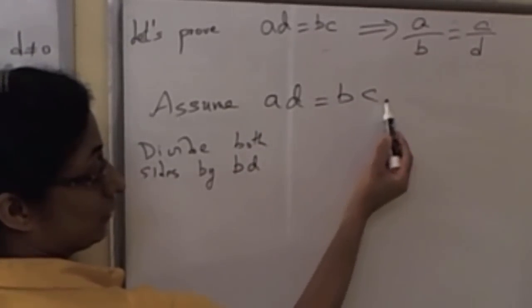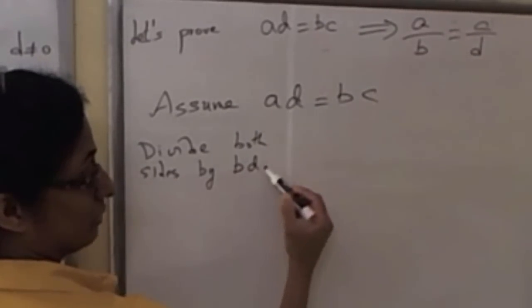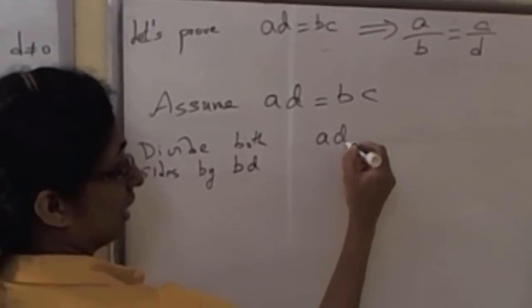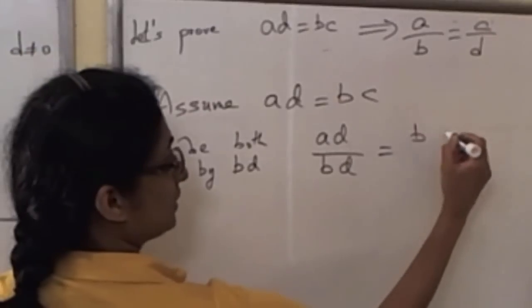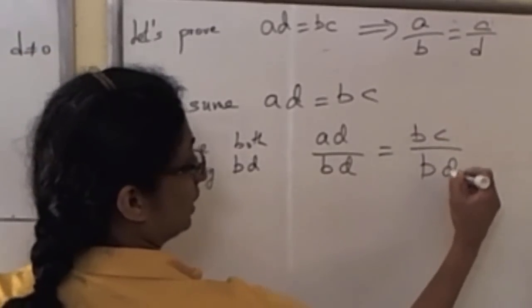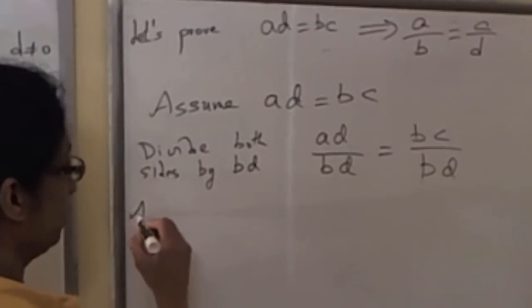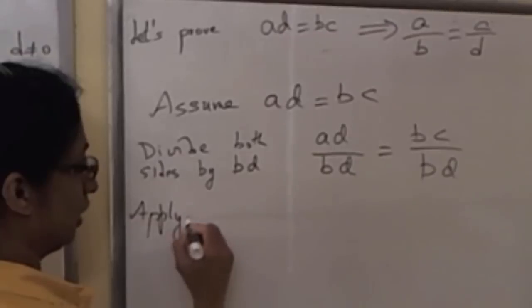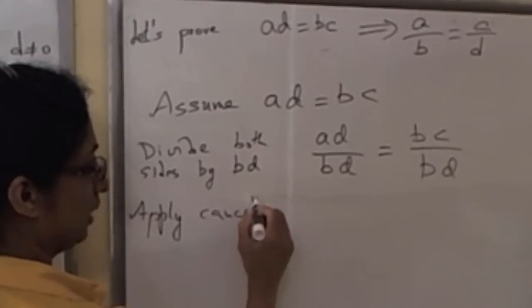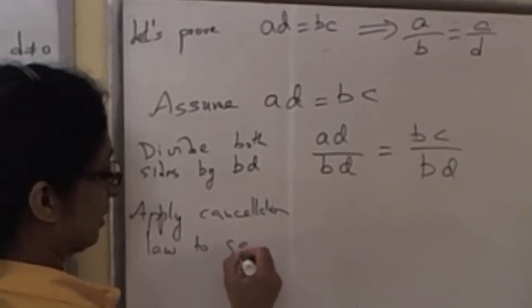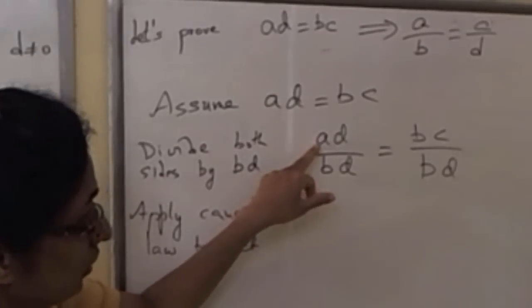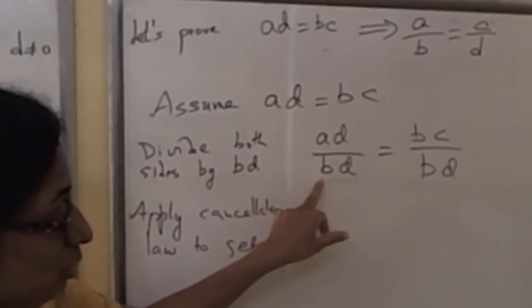Then if you divide both sides of the equation by BD, this is what we get: AD over BD equals BC over BD. And now we can apply the cancellation law to get the following. Note here, this is A times D over B times D.